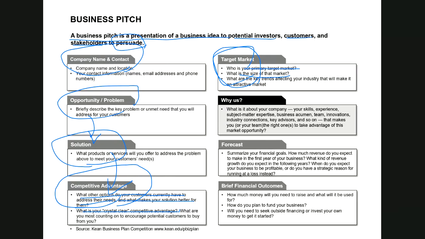And the forecast of your business. In order to persuade somebody in business, absolutely you must show your money. Show me the money. Show how much money you can earn, and the brief financial outcome, and how much money you will need to raise and what it will be used for.